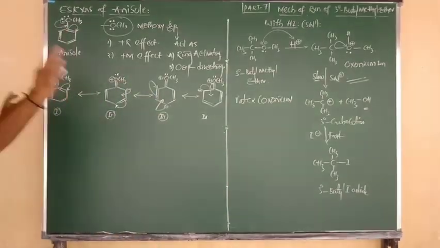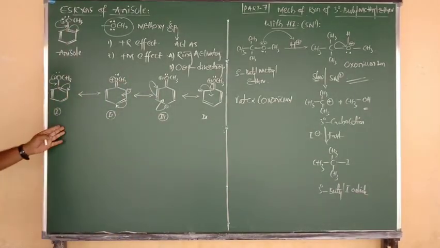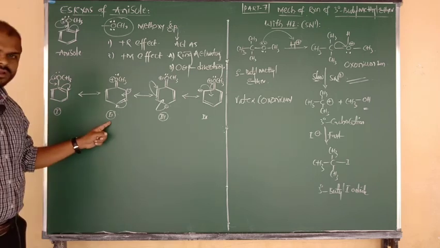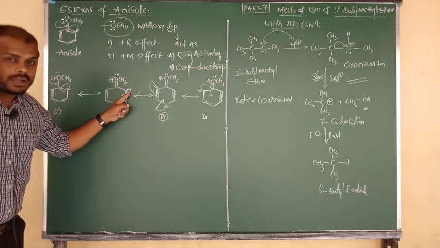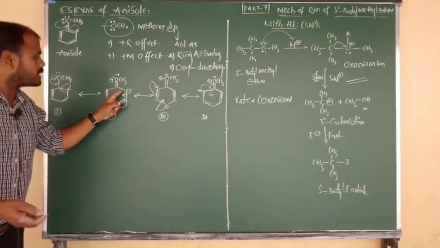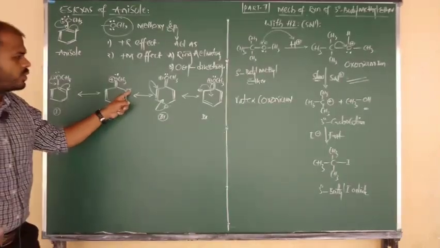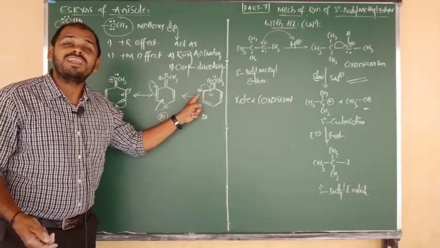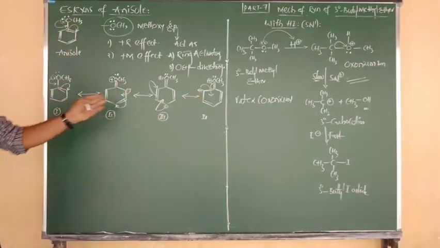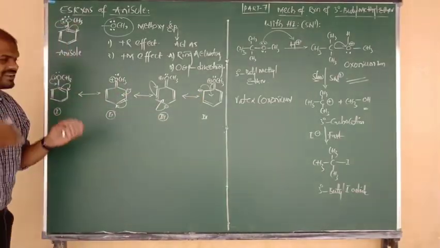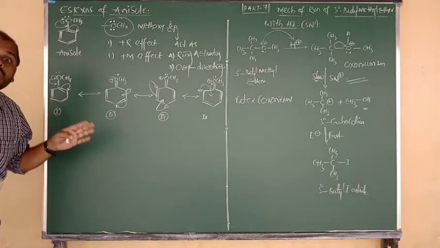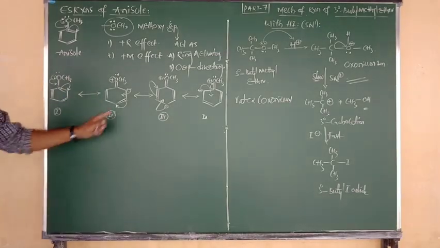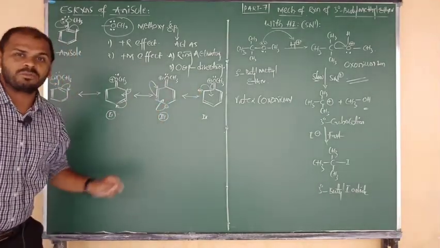And just to check all the structures: first one is the normal structure. In the second one, negative means electron density, more on ortho. Electron density more on para. Again electron density more on ortho. So as per resonance structures, we can say that in anisole, electron density increases at ortho and para positions.